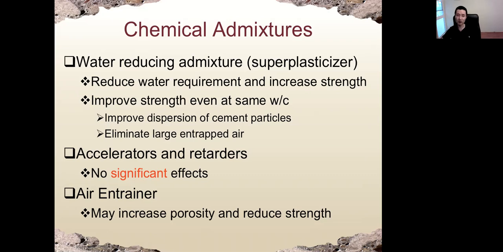So it will increase hydration speed. So by using accelerators, we increase early age strength, but reduce the final age strength. For air entraining agent, because it will increase the porosity by introducing entrained air, the strength will decrease.